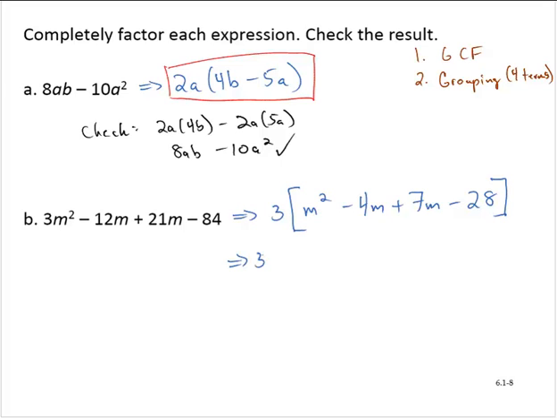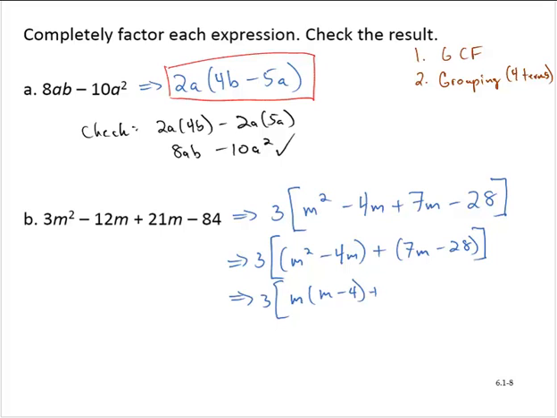So let's keep that 3 on the outside, and I have m squared minus 4m plus 7m minus 28. So I have 3 times m by m minus 4 plus 7 by m minus 4. Notice how the m minus 4 is a common factor.